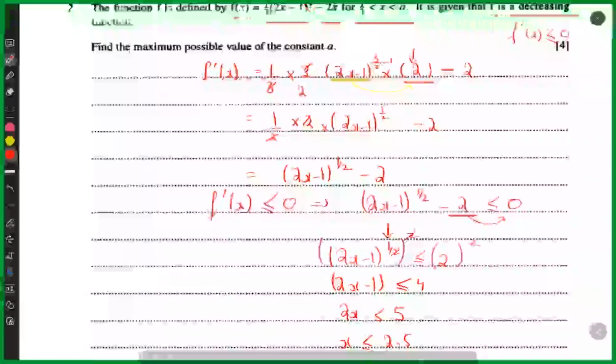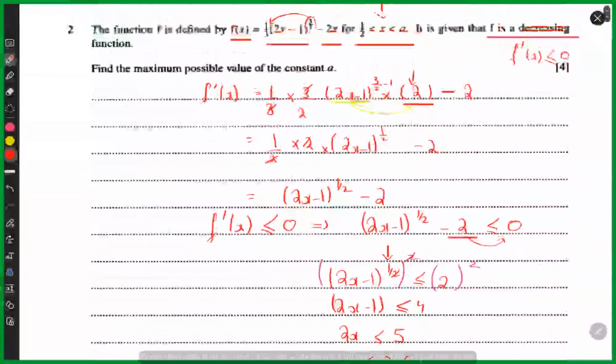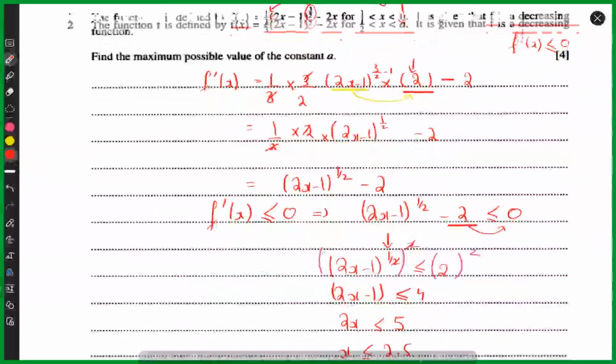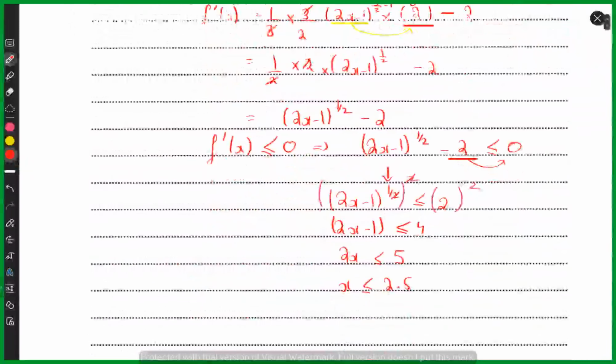What was the question? The question was about finding the maximum possible value of the constant a. Now, where is the constant a? Here is a. We know that this function is decreasing between 1 by 2 and some other number, and that other number has turned out to be 2.5.